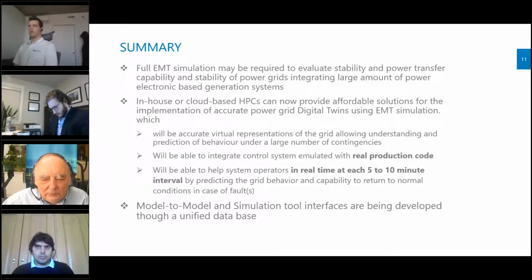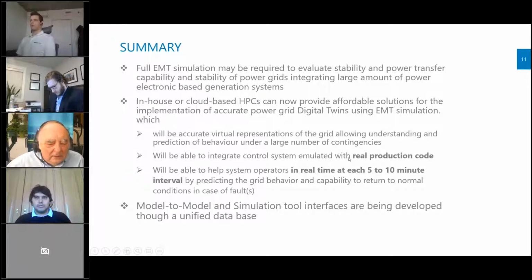So the problem will not be the computer anymore, but how to have good simulation efficiency, and how we are able to introduce real production code and synchronize all the data and all the models with what we have in the field.